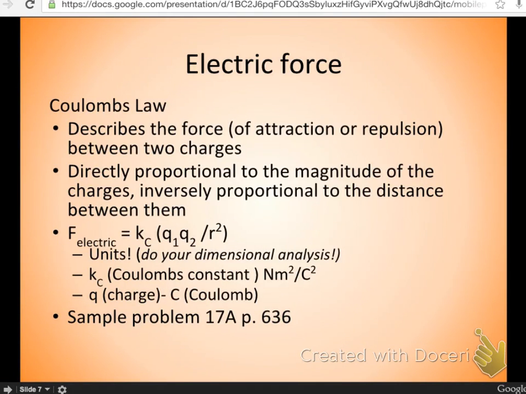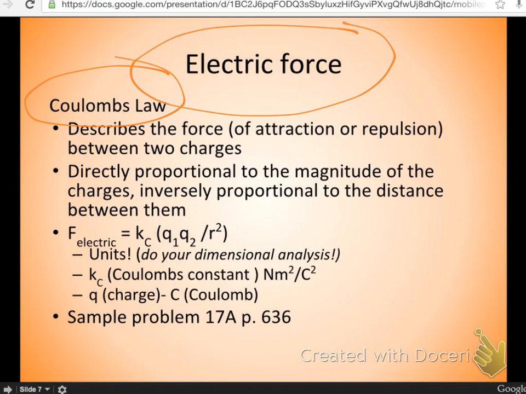Okay, now, that was the start of chapter 17. Electrical force, Coulomb's law. We're not going to do any of this. Ha! But what I do want you to know is this. You understand that charges attract and repel. We talked about electrostatic paint booths in a body shop. You can actually figure out the amount of force.